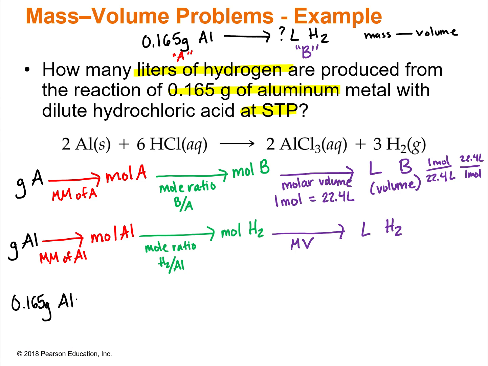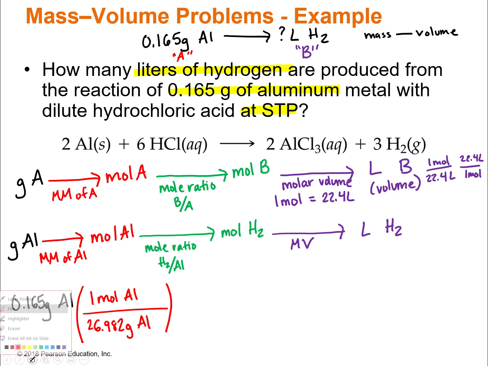We're starting with 0.165 grams of aluminum. Molar mass you get from the periodic table. Mole ratio.